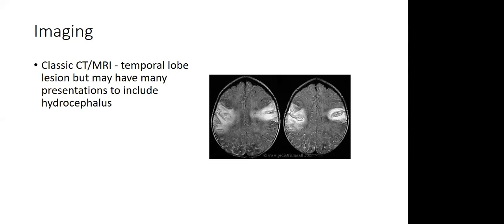So if you do LP and send for herpes PCR and it comes back negative, it doesn't rule out herpes. So you need other investigations such as imaging or EEG. Because herpes is very important, it's treatable, and the sequela is a disaster.